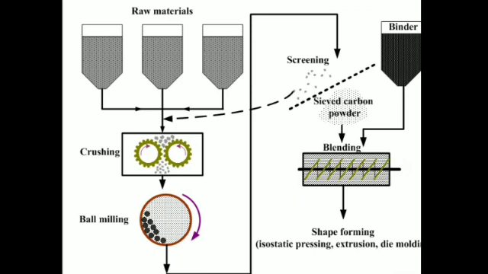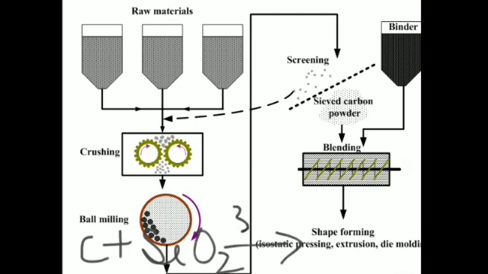So, what is the reaction that takes place? The reaction that is going on is the reaction between carbon and sand. The formula is SiO2, that is silicon dioxide, and when this is heated at 3000 degrees Celsius, then silicon carbide and carbon monoxide are formed.